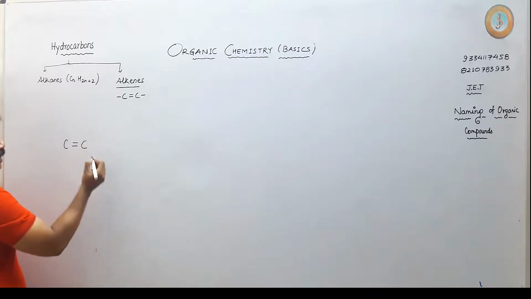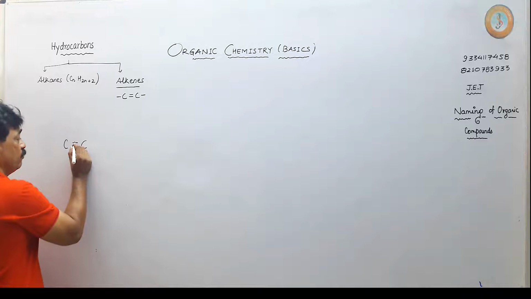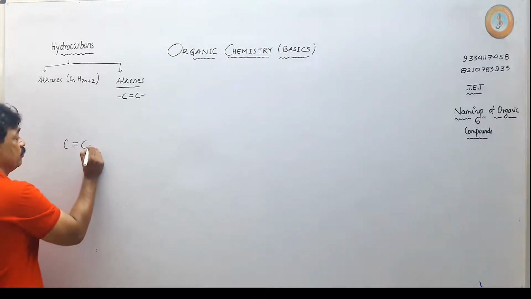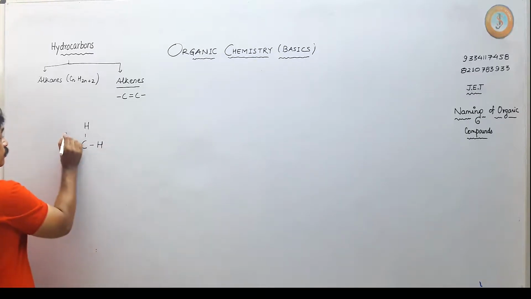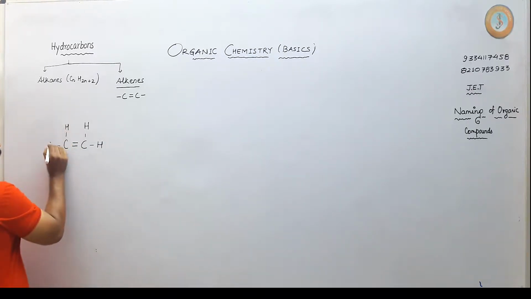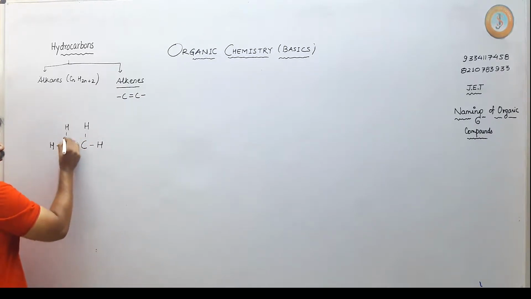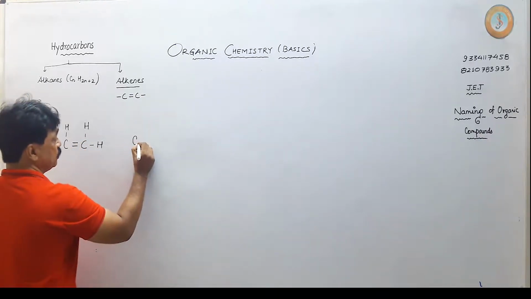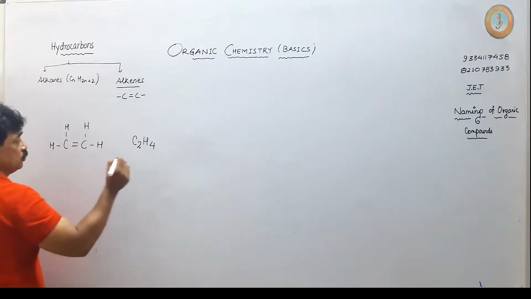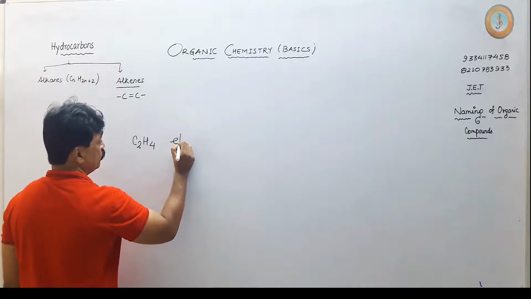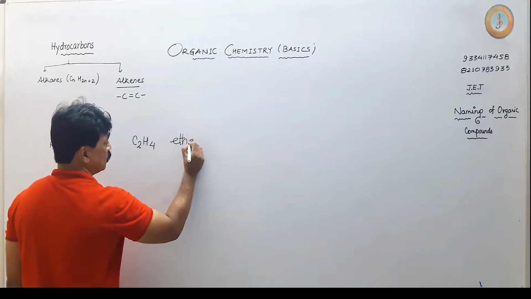Now the basic principle will remain the same. Every carbon atom will have 1, 2, 3 and 4 sticks. Now count again, 1, 2, 3, 4 for this carbon, 1, 2, 3, 4 for this carbon. So this will be C2H4, and since it is 2 carbon atoms, I told you the root word for 2 is eth, and the other part is also scientific.